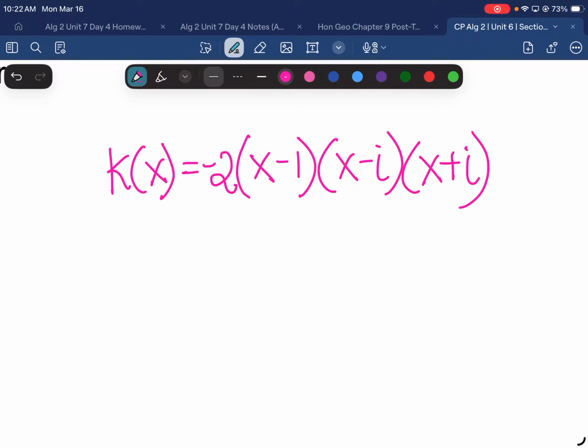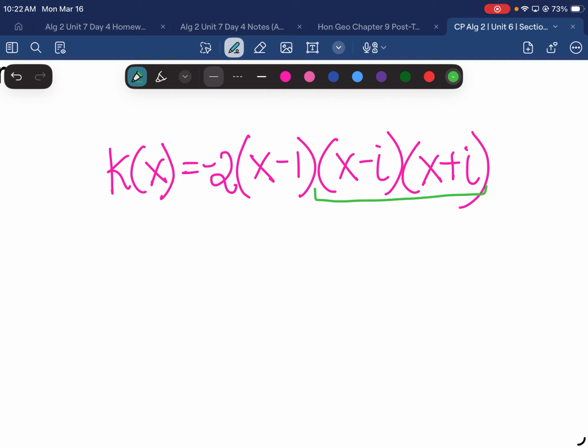So now you can start multiplying. What would I recommend you start multiplying first? The x plus i times x minus i. Now you're going to get good at this. You are now learning that you don't need to do first, outer, inner, last. When they are conjugates, you can just do first and last. Are you with me?